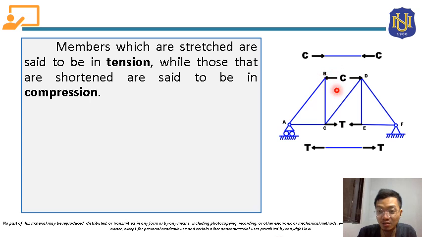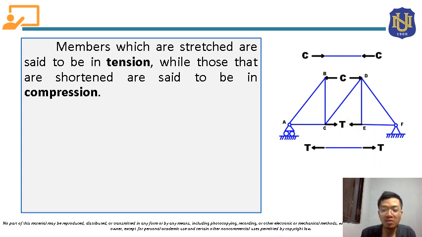It will be directed this way. Also for this force, it will be directed oppositely here at joint D. Also for this force, it will be directed oppositely here at joint C. Also for this force, it will be directed oppositely here at joint E.